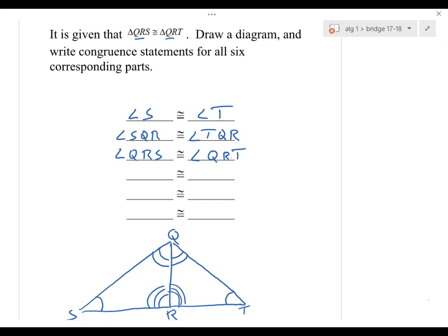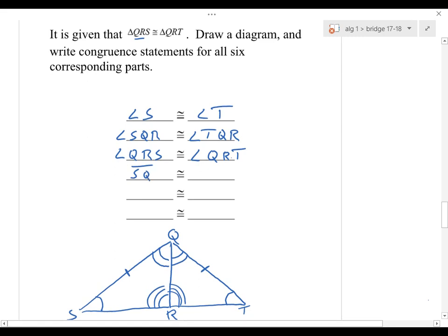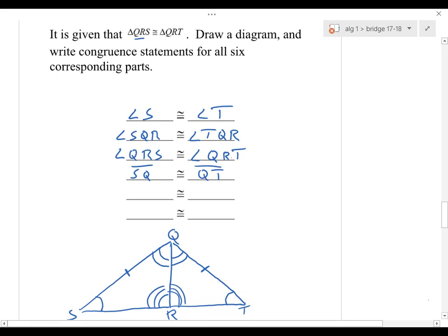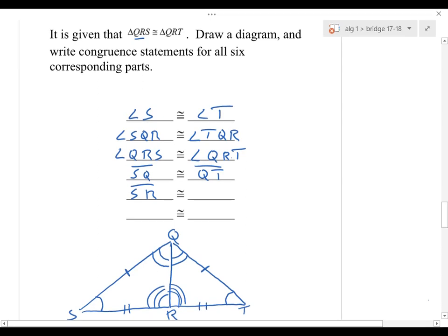So we're done with the angles, so let's look at the sides. I know that the side SQ is congruent to QT. So segment SQ is congruent to segment QT. Segment SR is congruent to segment RT.